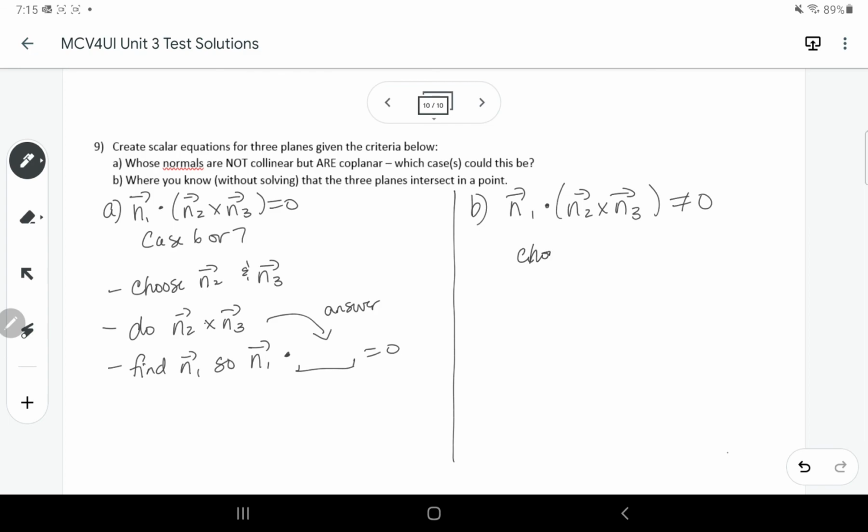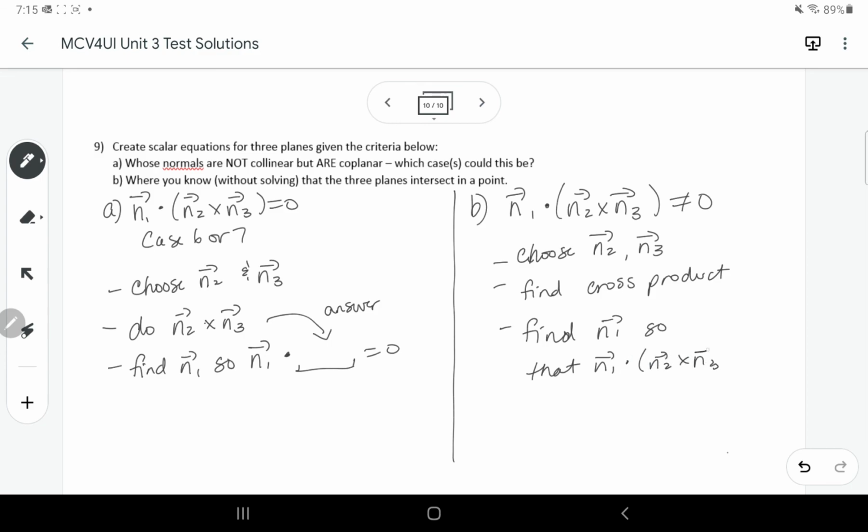So I would again choose n2 and n3, find the cross product, and then find n1 so that n1 dot with your answer to the cross product is not 0, which is easy to make not 0 because it can be anything else.